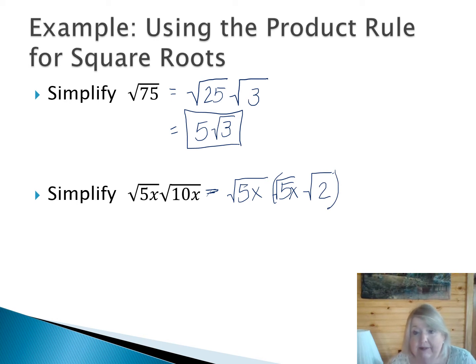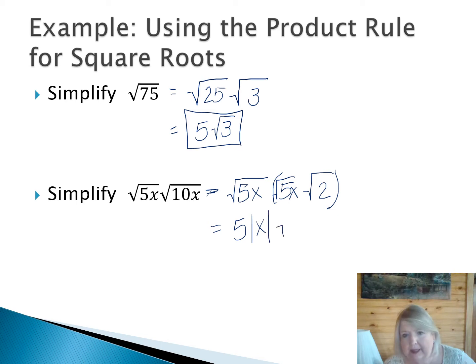I see that 5x is a common factor of the two radicals. So I want to take the second radical and break it into that 5x times whatever. It only works when I have a common factor. Otherwise, I've got to go the long way. But here I have the square root of 5x squared, which leaves me with 5.